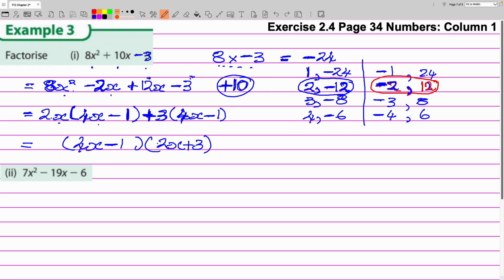What is the first number? 7. Always write that down. What are you doing? You're multiplying it by the last number, which is minus 6. You are getting minus 42. You are then doing the factor pairs for 42. Now, some people make the mistake, and I'm starting it for you, and they start doing this.